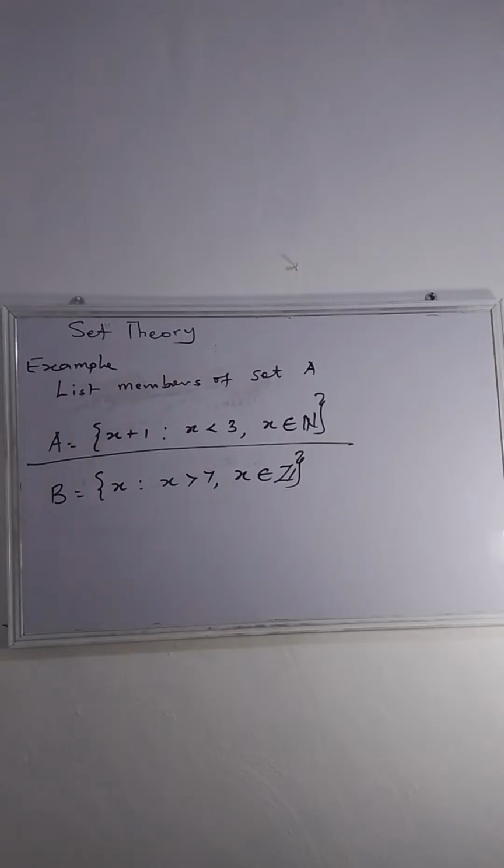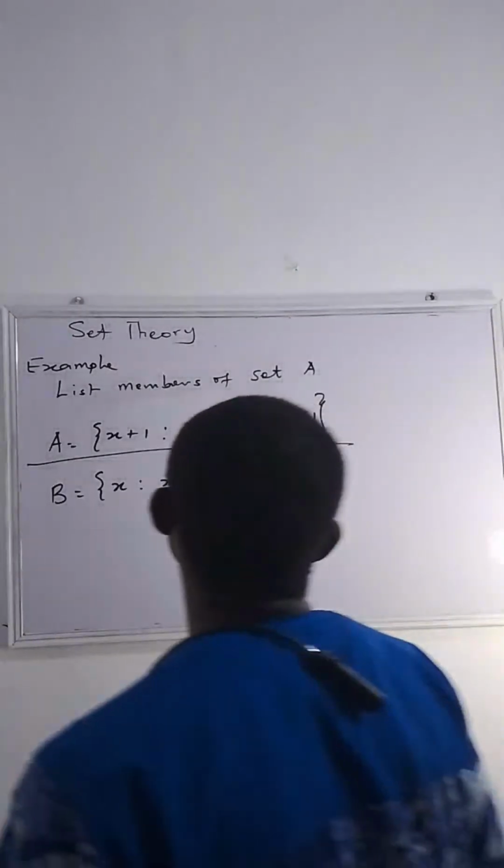Okay, I can see 2, 3, 1, 2. A is the set of 2, 3. All right. So what I'm seeing here, I'm seeing more of 2 and 3.